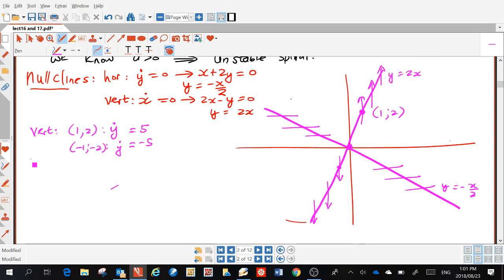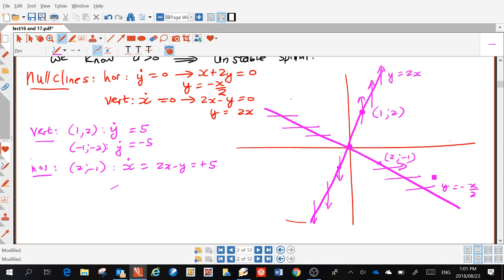Right? Likewise, if you take the horizontal ones, you take a number here, say 2, minus 1. x dot, which is 2x minus y, will be 4 plus 1, which is 5. Hey, all the answers are 5.